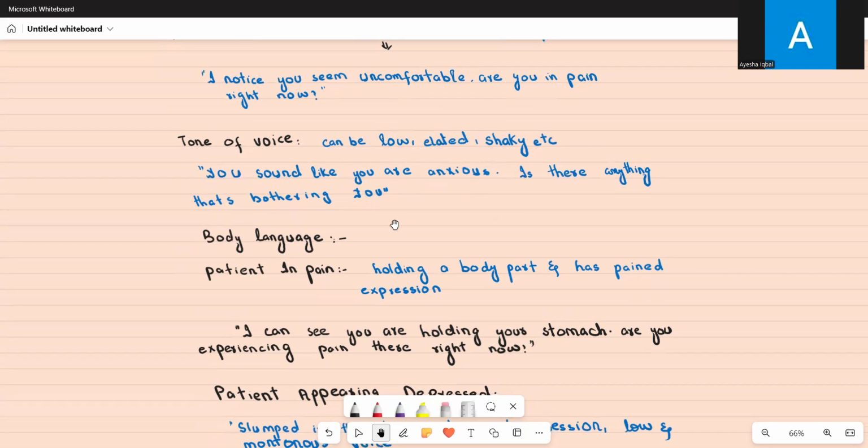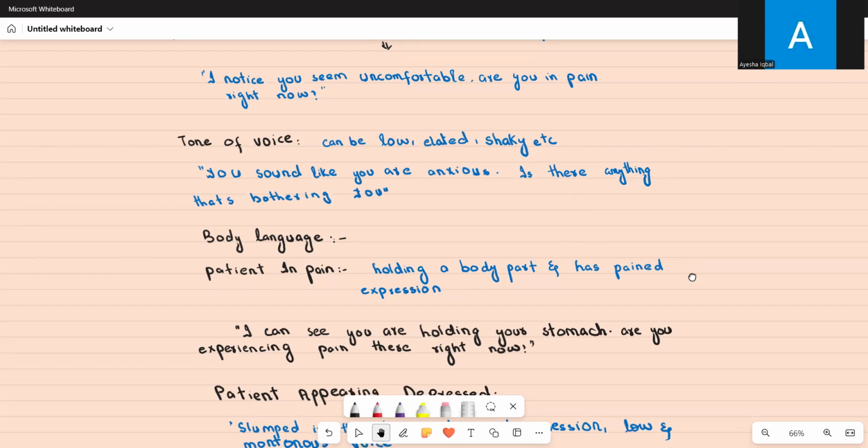Okay, so you have actually acknowledged their state of anxiety, you have reflected on it, and you have asked an exploring question, and you are trying to explore the cause of their anxiety. And if you find a cause, then you are going to tell them that, okay, we can do this to make you feel better.